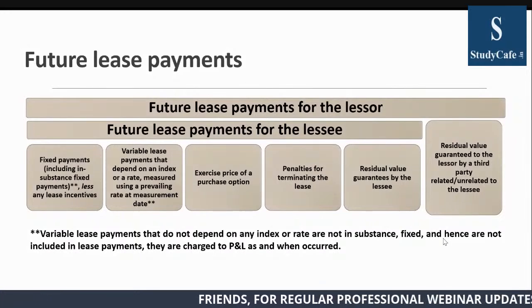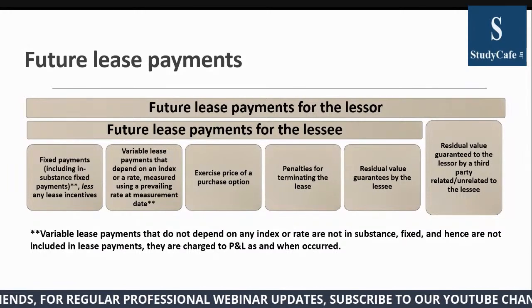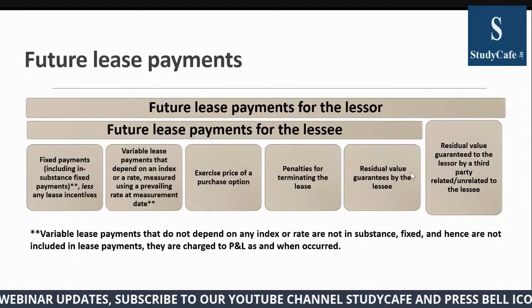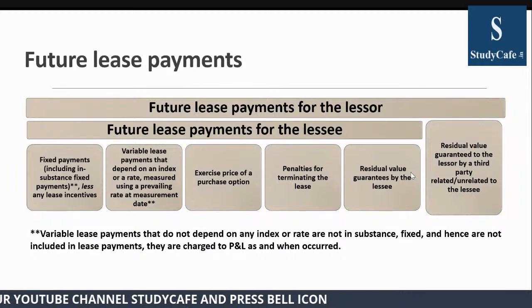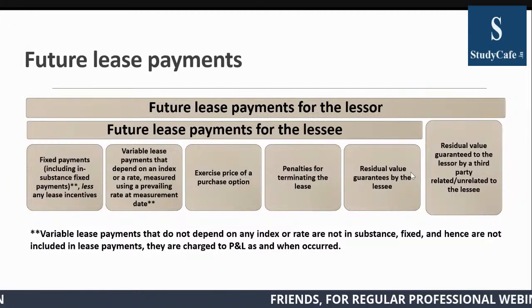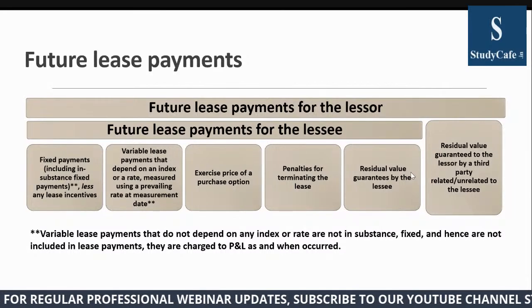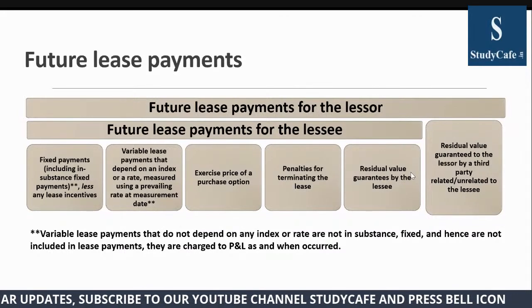The third component is the exercise price of a purchase option. This purchase option may be incorporated in the contract, and this exercise price is included in the future lease payments only when the lessee is expected to exercise that purchase option. If the lessee is not expecting to exercise that purchase option, the exercise price will not be included.